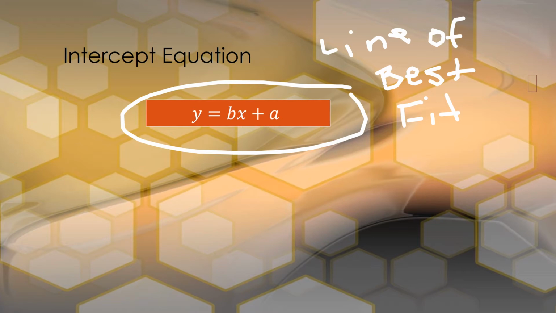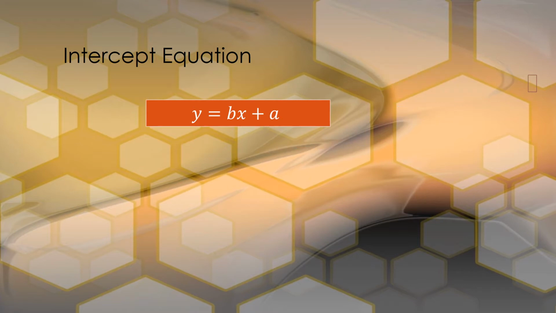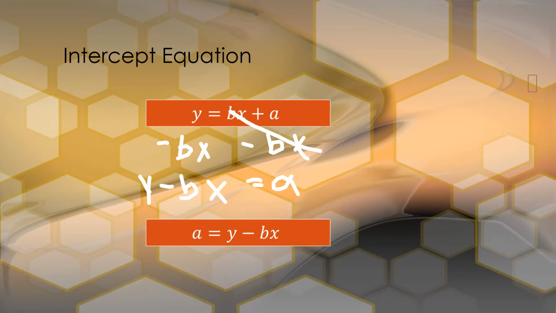So what we can do is subtract off bx from each side, so the slope times x, so minus bx, minus bx. And on the right side they cancel out, and so then we have y minus bx equals a. And if you want to rewrite that to have a on the left side, because that's what we're looking for, you can say a equals y minus bx.